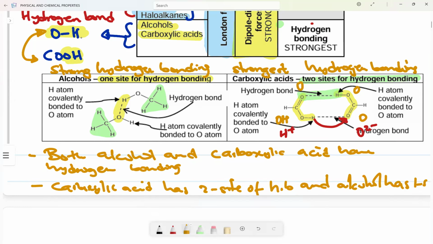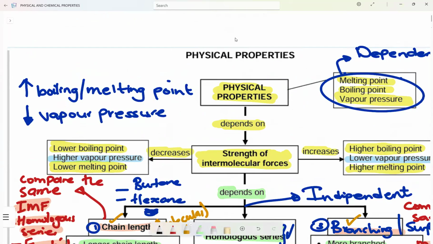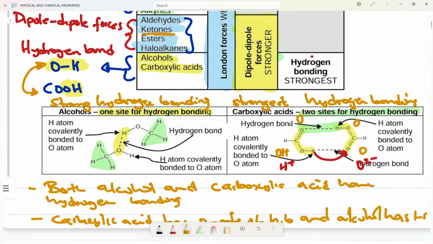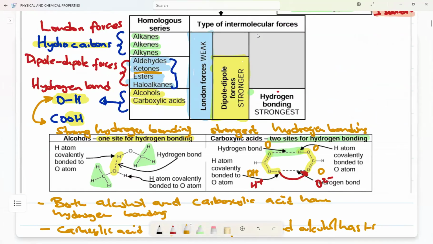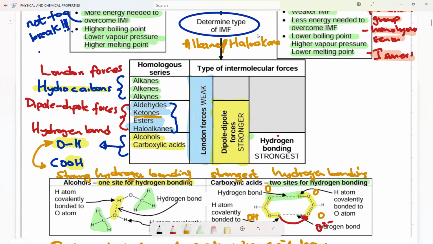Therefore, carboxylic acid has a stronger intermolecular force. Again, therefore, more energy is needed to overcome those intermolecular forces. These are the lines that you will be playing along with.